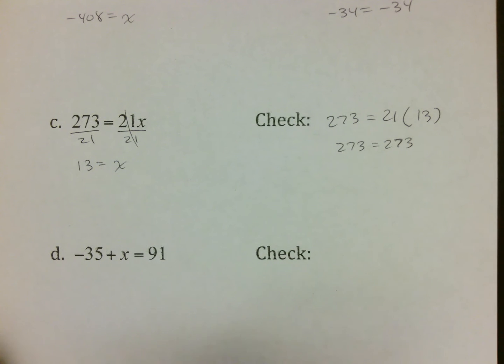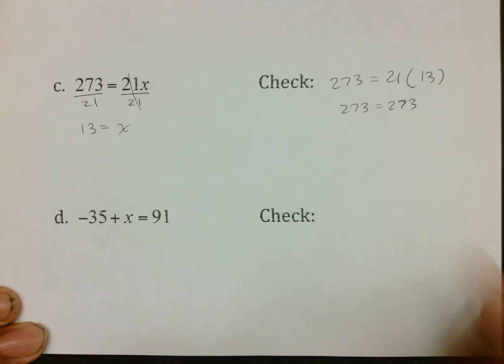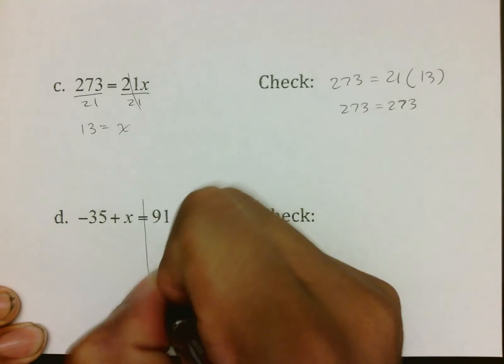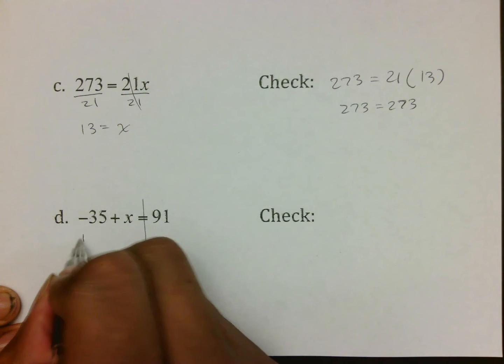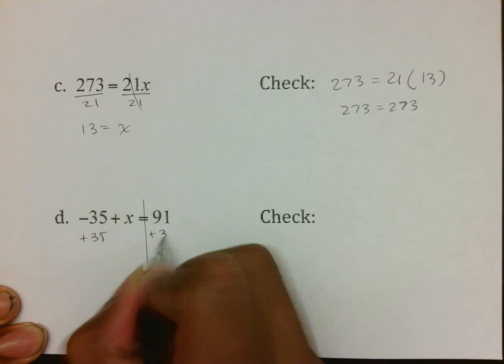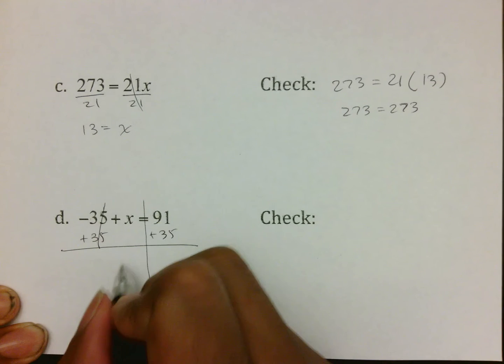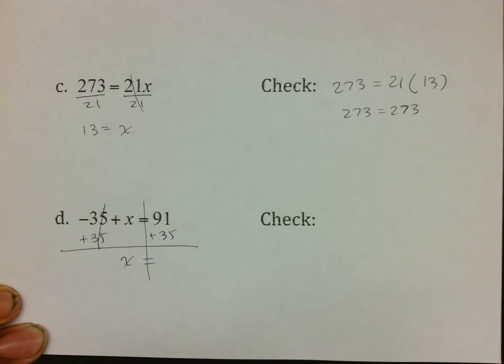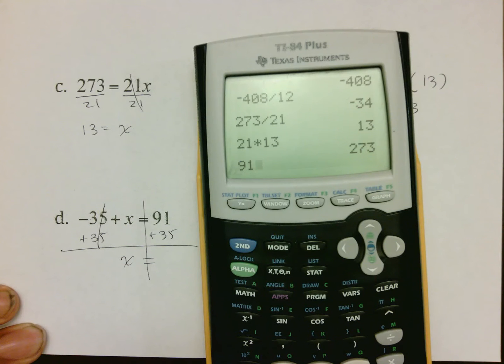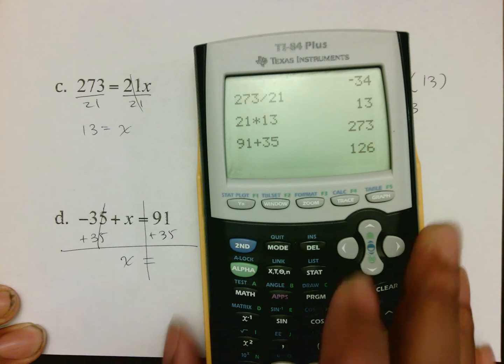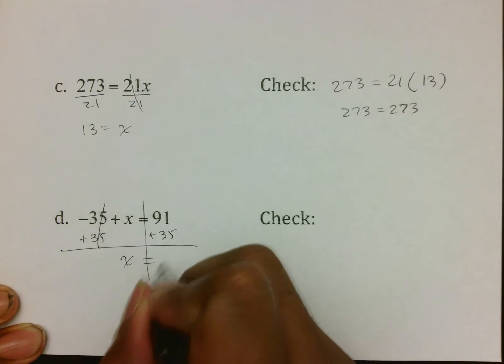The last one has negative 35 plus x equals 91. Again, x is over here with a negative 35, so we're going to add 35 to both sides. That cancels. X comes down. 91 plus 35 should be our answer, which is 126.